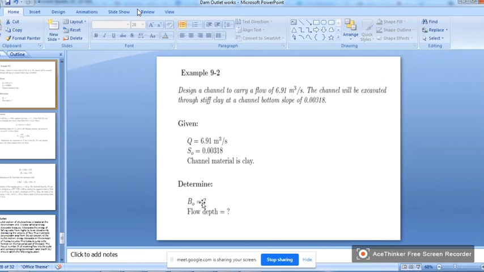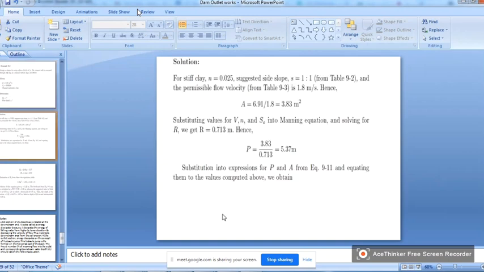What you have to calculate is the width of the channel and the flow depth. Because we know the material, N can be assumed, or you can take the standard value of N for the channel material. Taking the side slope as 1:1 and the permissible flow velocity as given, you can calculate the A value.